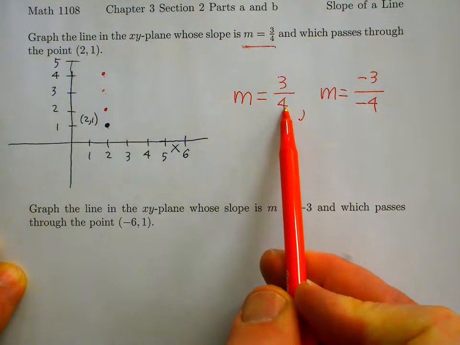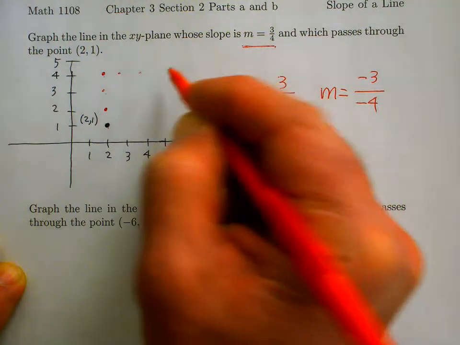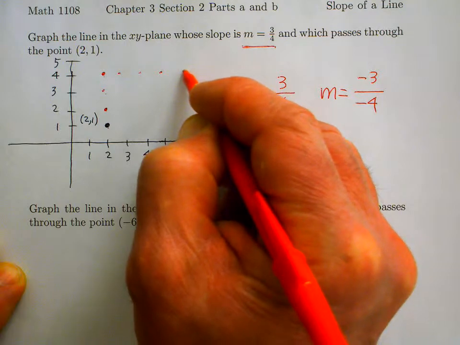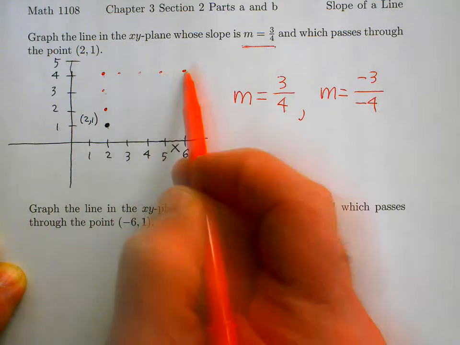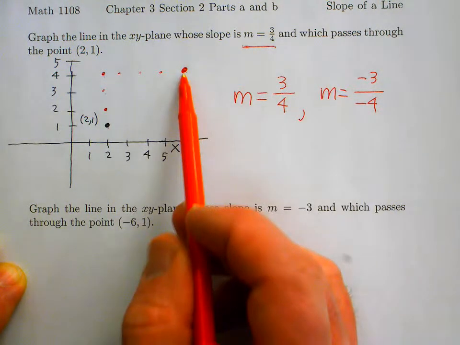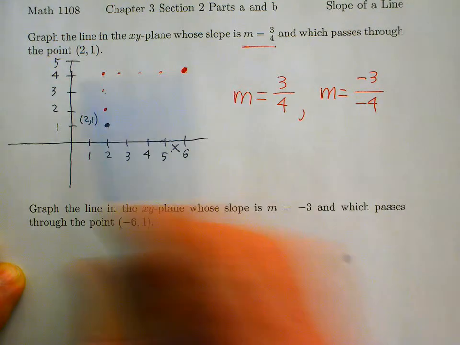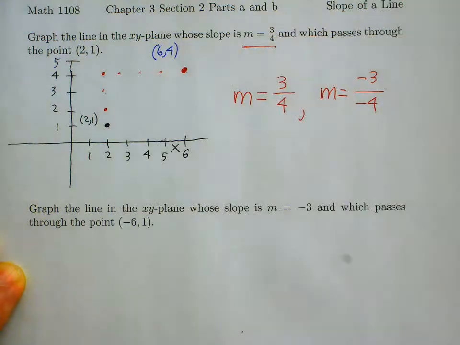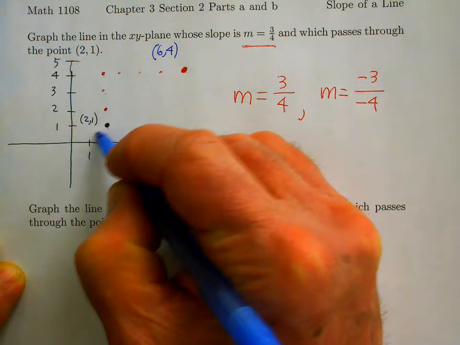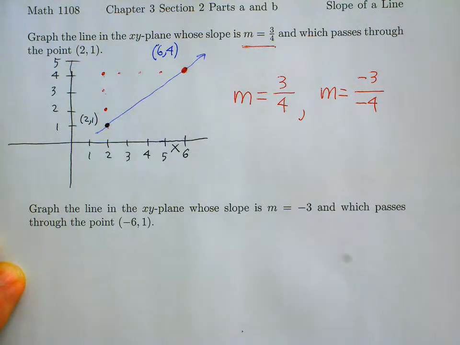And if the run is +4, we move to the right 4 units. A rise of 3 and a run of 4. 1, 2, 3, 4. What's the ordered pair for this point? So the x-coordinate is 6, the y-coordinate is 4, so we can label it (6, 4). And then just draw a straight line through those 2 points. So there's our graph.